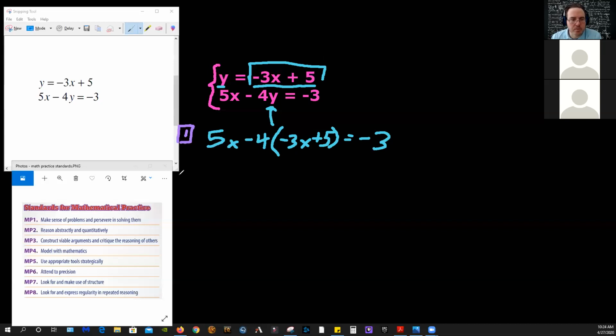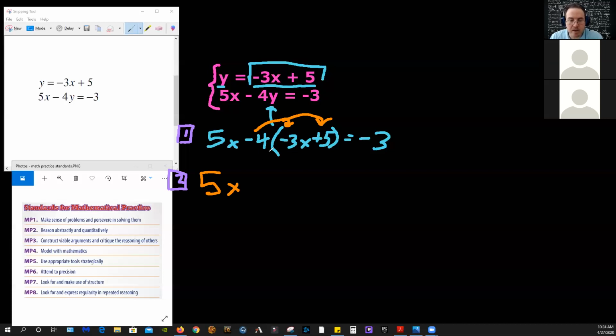Now step 2 is doing the distributive property. So what we've got to do is take this negative 4 and multiply both of these terms. So that's our next step. The 5x stays the same. Now negative 4 times a negative 3x.